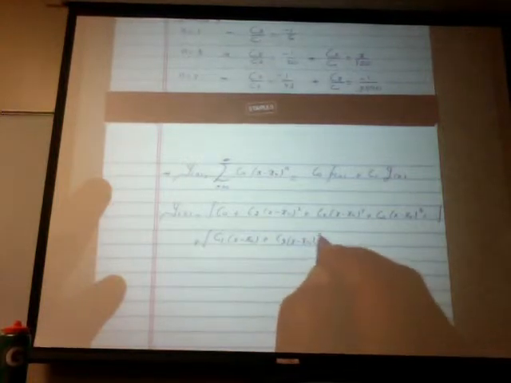Plus C1 times x minus x0 to the power of 1 plus C3 times x minus x0 to the power of 3 plus C5 times x minus x0 to the power of 5 plus, well, all the rest.